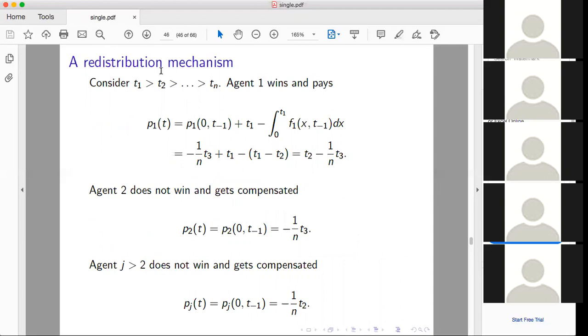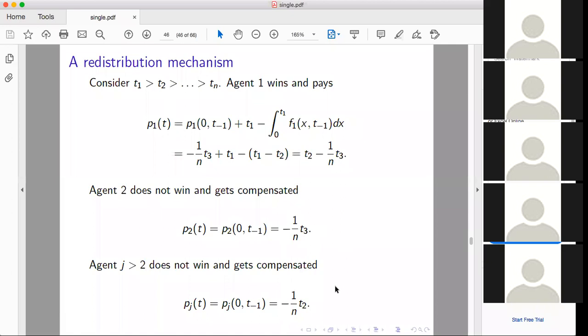If you remove T2, the second highest of that is T3, so it's minus T3 over n. For agent j greater than 2, they are also losers, and for them the second highest would be basically T2. So their payments will be minus T2 over n.